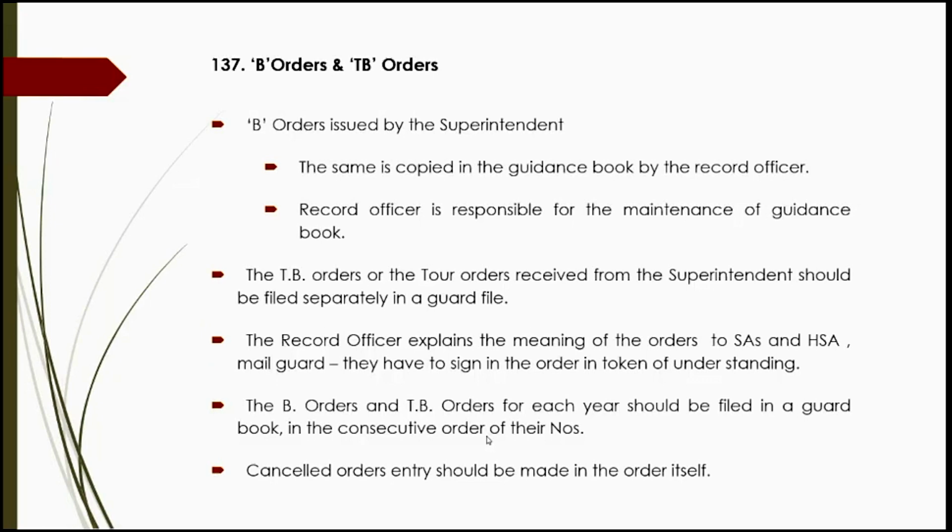So B order, a record officer is receiving a B order from the superintendent. As soon as receiving it, he is going to write it down in the guidance book. What is the guidance book? Contents of the B order are copied into the guidance book. And who is responsible for this guidance book? Record officer.